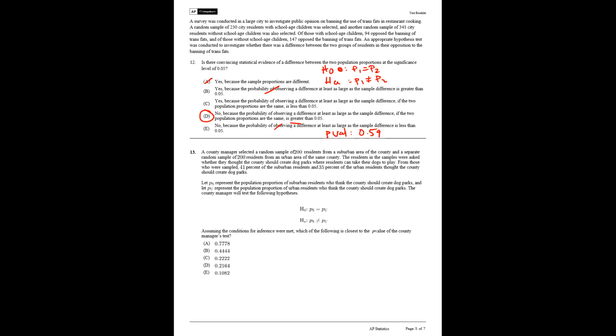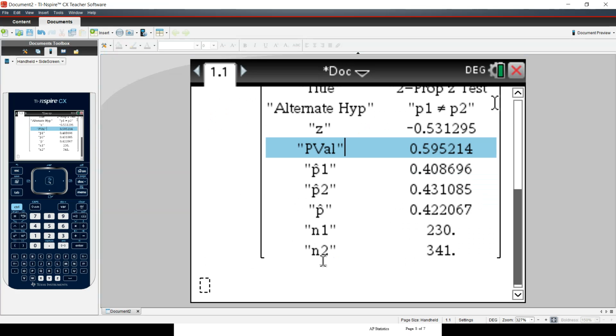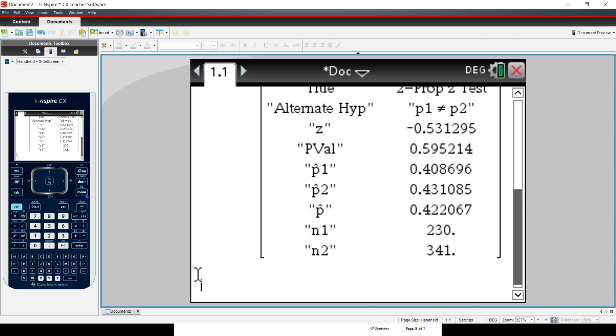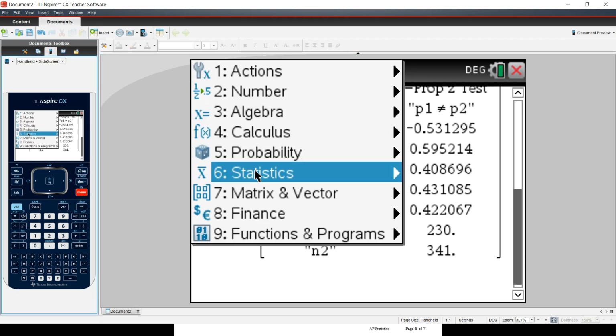Let PS represent the population proportion of suburban residents who think the county should create dog parks, and let PU represent the population proportion of urban residents who think the county should create dog parks. The county manager will test the following hypotheses. Assuming the conditions for inference are met, which of the following is the p-value of the test? We can just throw all this right back in the calculator, and hopefully it'll actually work this time. So this is also a 2-prop z-test.